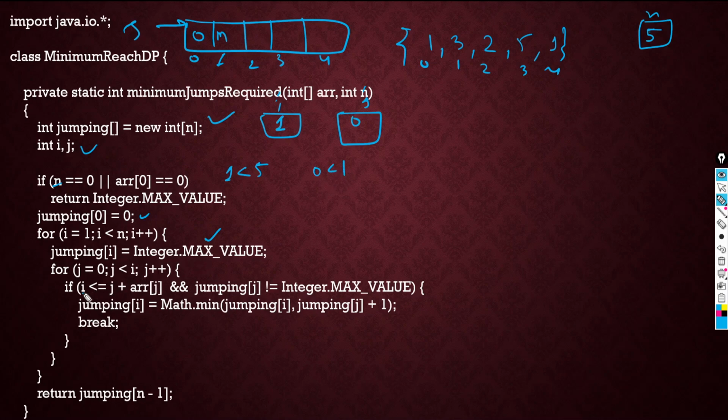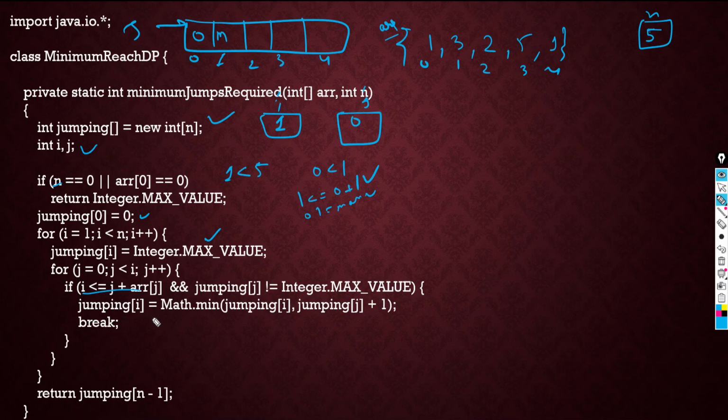Now we have to check the condition: i, which is 1, is less than or equal to j, which is 0, plus array of j, which is 1. Is it correct? Yes. And jumping of j, which is 0, is not equal to max. It is also correct.